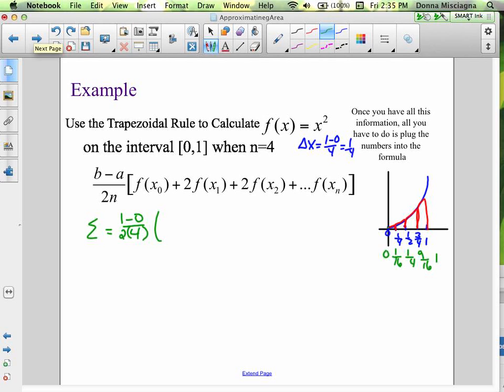Right? So I'm going to actually write it in without plugging in first, just to make sure we're very clear. And it's not a bad idea if this were an AP test to show them you know what you're plugging in.